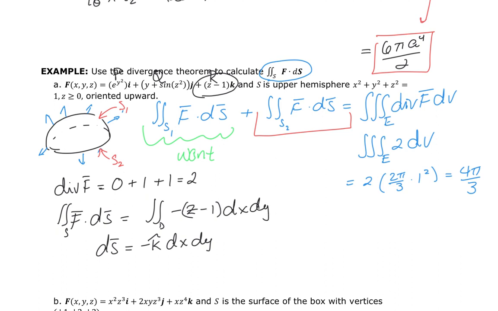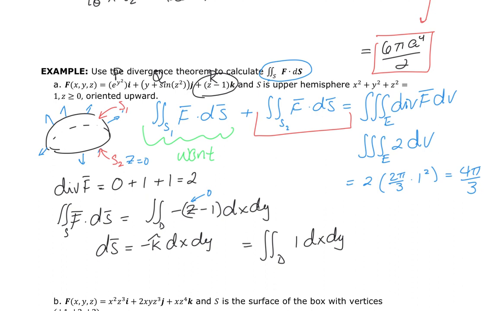But here, z is equal to 0 because I'm on the disk, right? This is where z is equal to 0, right on this disk. And so if this thing equals 0, then this is the integral over this disk D of just 1 dx dy.